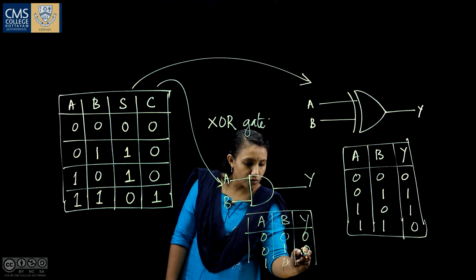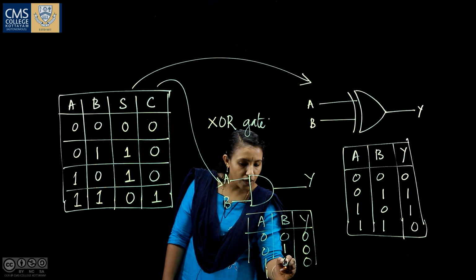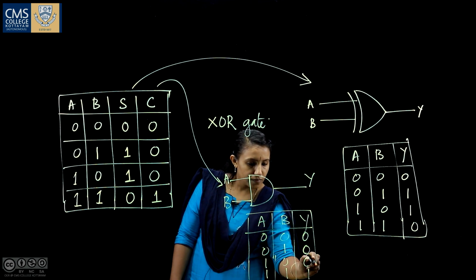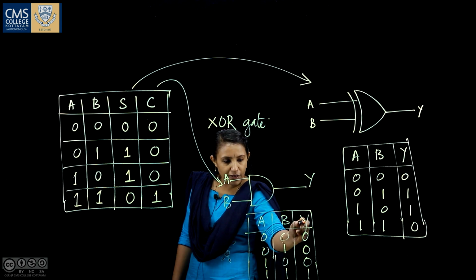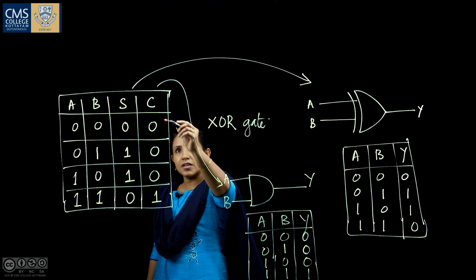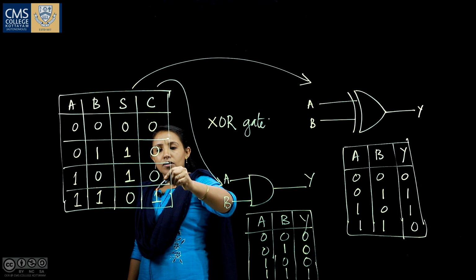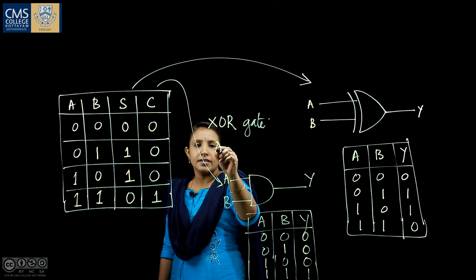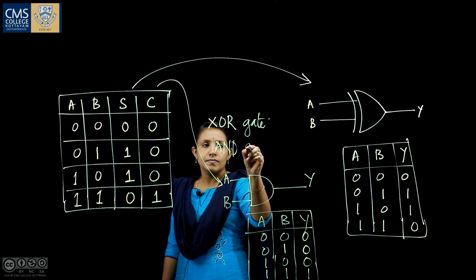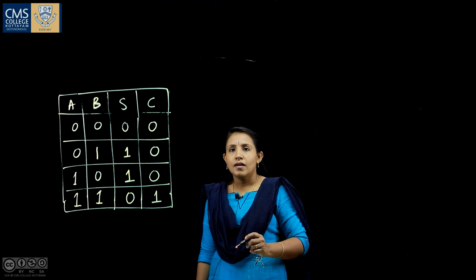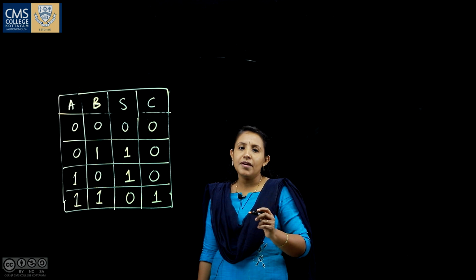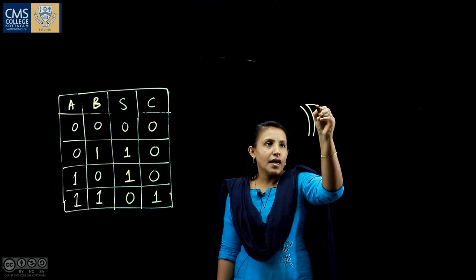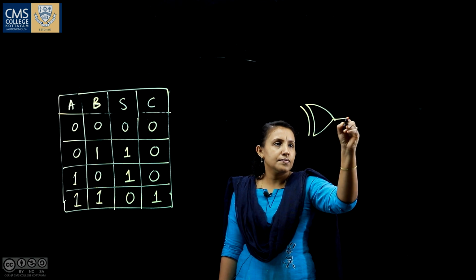For 1 0, you have an output 0, and for 1 1, your output is 1. So, the output of an AND gate is similar to the carry column here. So, you can represent this carry by an AND gate. A half adder can be realized using an XOR gate and an AND gate.